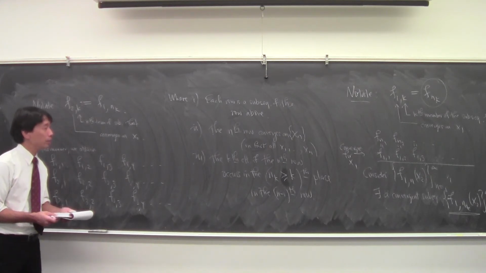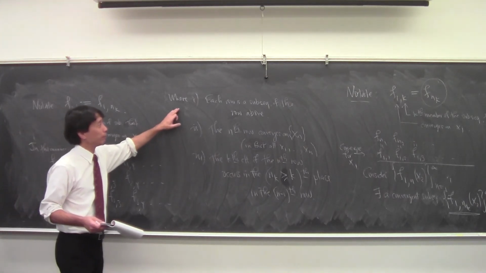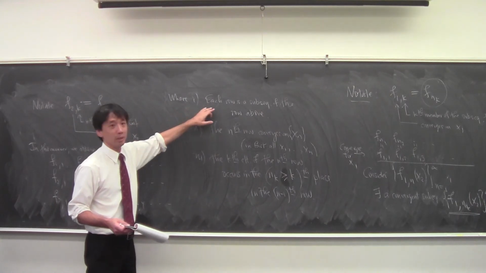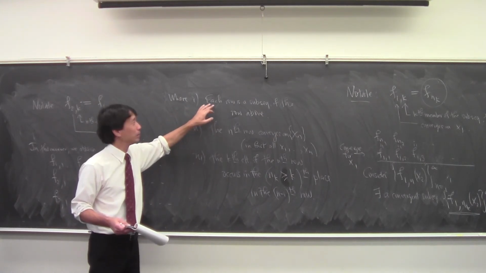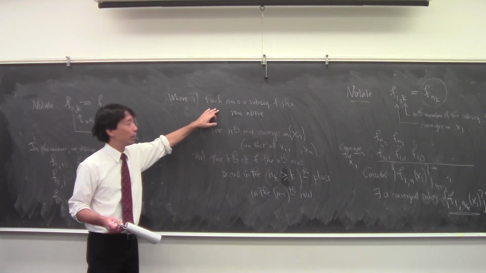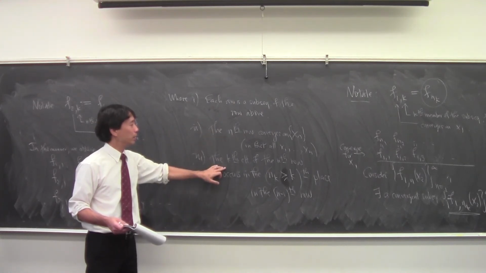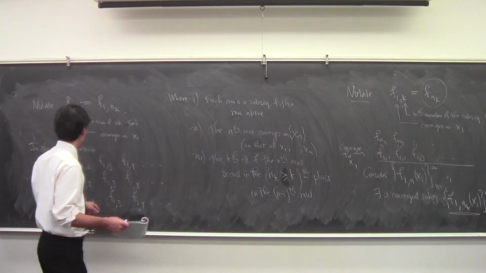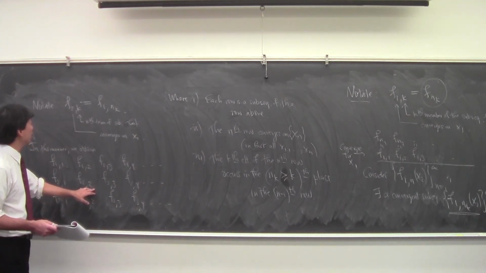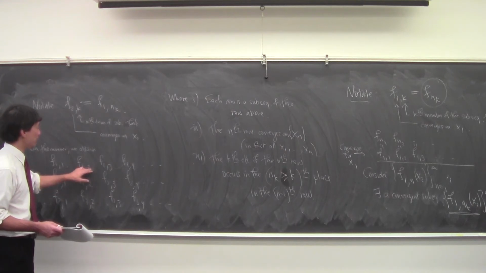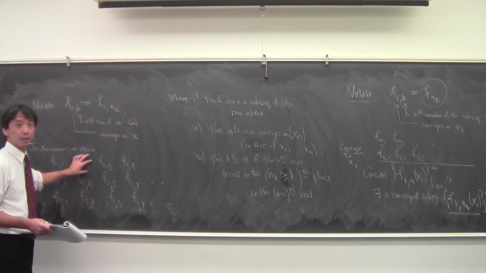Okay. Does everybody understand what I mean? The first two are pretty straightforward, right? This row is a subsequence of the previous row. This one converges on x sub n. This one is saying that if you look at the second term here, then that term occurs past the second term here.